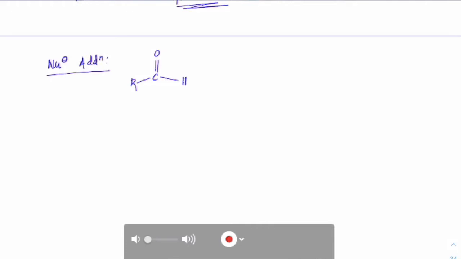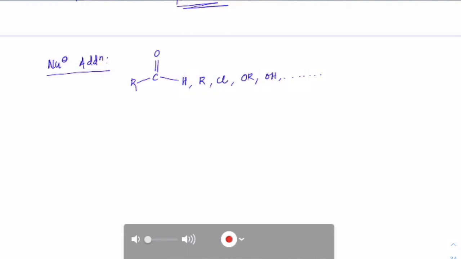If I write H, this will become aldehyde. If I write some R, it will become ketone. If I write chlorine, it will become acid chloride. If I write OR, it will become ester. If I write OH, it will become acid, and so on. So we will get all the functional groups henceforth by only changing the species here, correct?